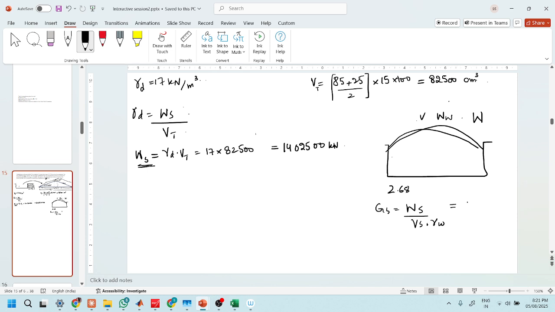You can write this as 2.68 equals weight of solids, which we take from here, over volume of solids.